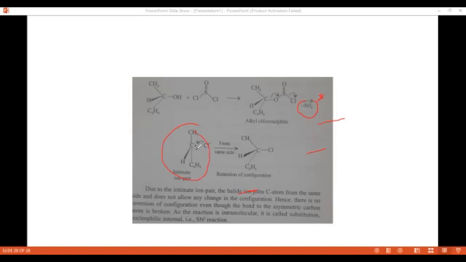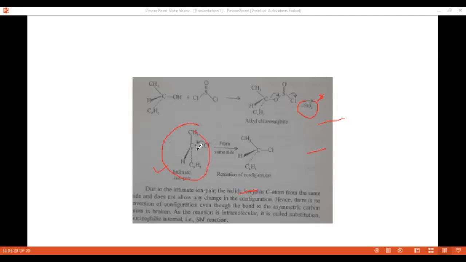This intimate ion pair is a short-lived intermediate in which the carbocation and the chloride ion are in close proximity.